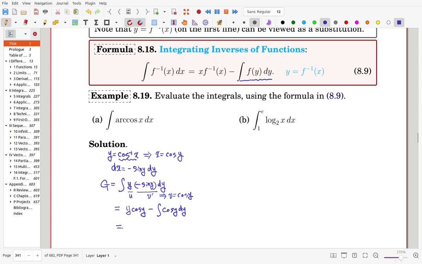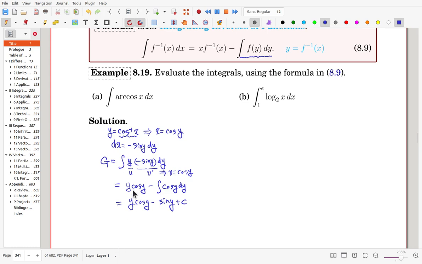Now if you solve this, then y cosine y minus, okay, the antiderivative of cosine y is sine y, plus c. Now we have to replace y with that definition.